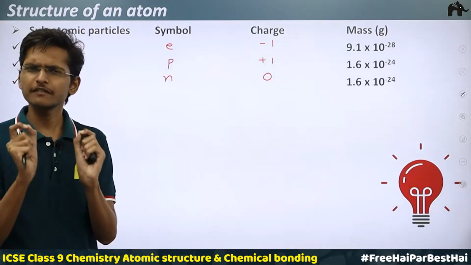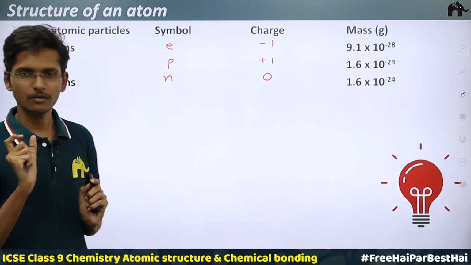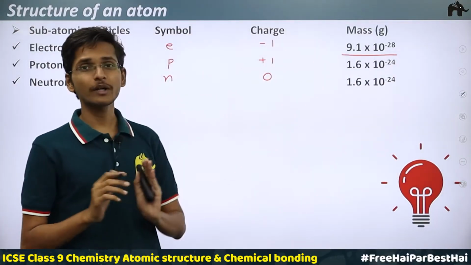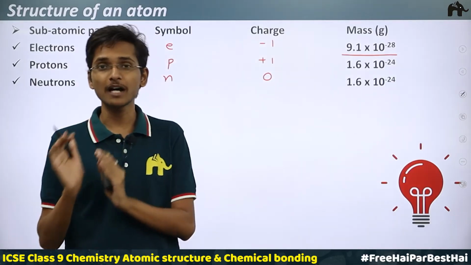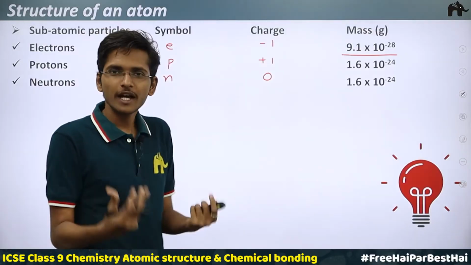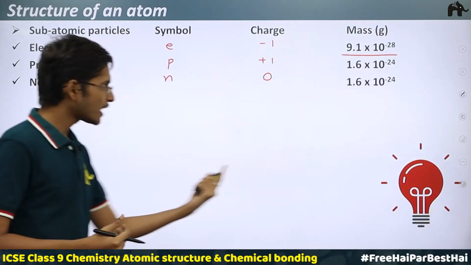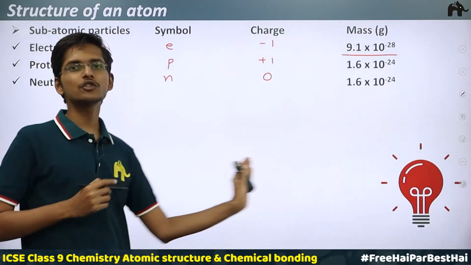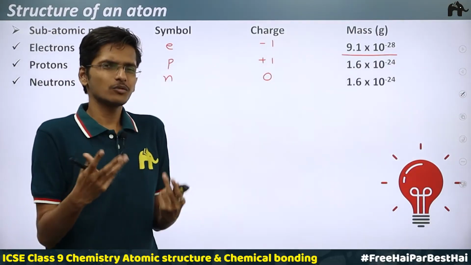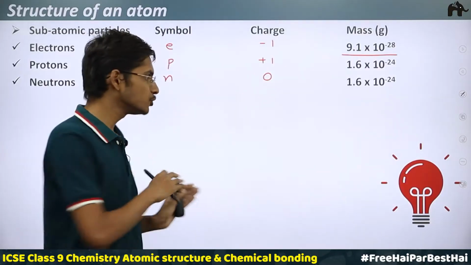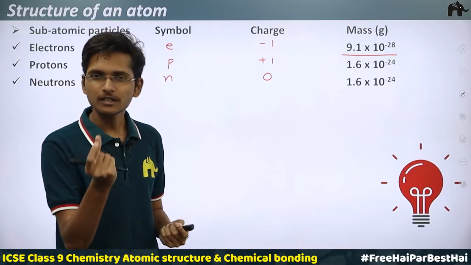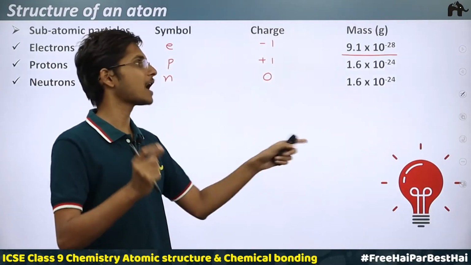They have very low mass. Our electron has a mass of 9.1 into 10 raised to -28 grams. It's very less. You can try writing this number by putting in the zeros and you would get tired of writing them. I suggest you do this practically, then you may realize how small the mass of an electron is.